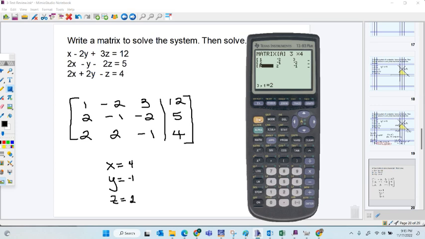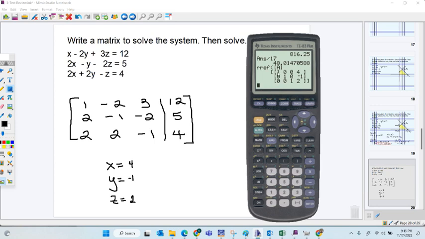And then we need to do some matrix math, but go out of there first so you're not putting it into one of the elements spots. Matrix. So the second of that, math. And go down to RREF, which is choice B. We want to pick the matrix A that we just loaded in.